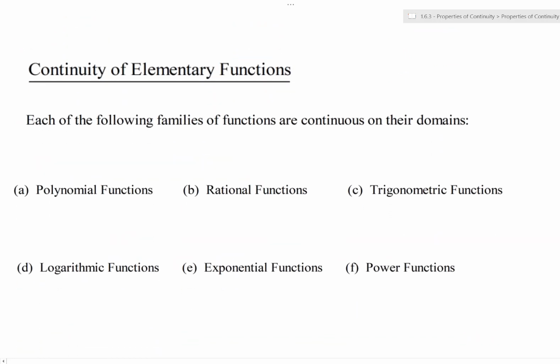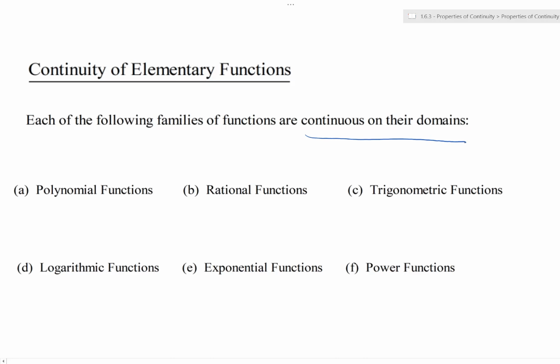Also, some other properties involve continuity of our elementary functions. In this list, A, B, C, D, E, F, we have a variety of families of functions that are all continuous for which they're defined. In fact, that's their domain.